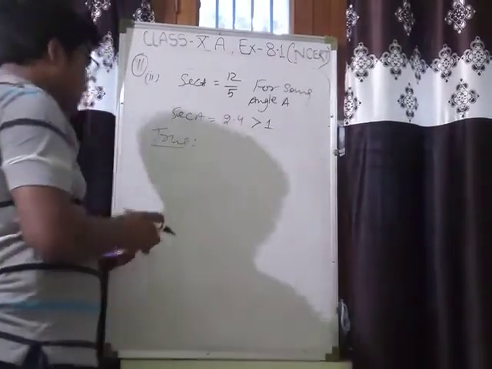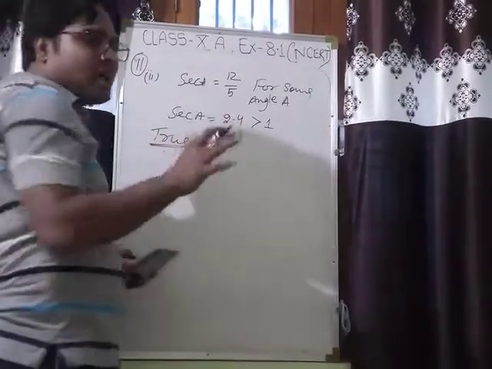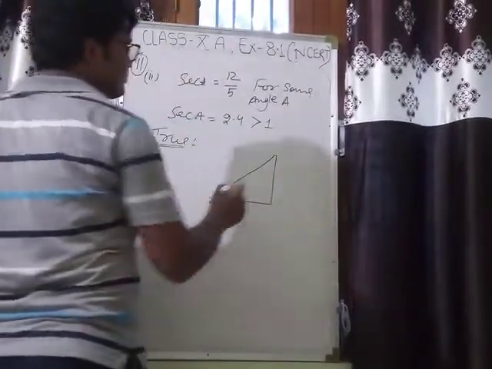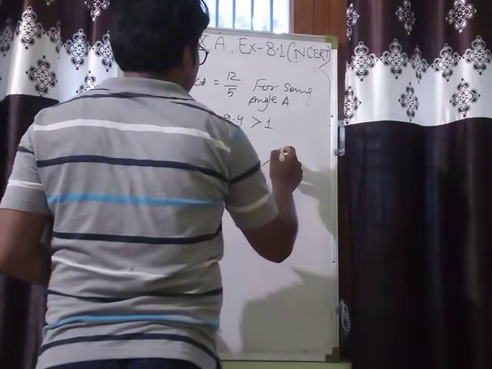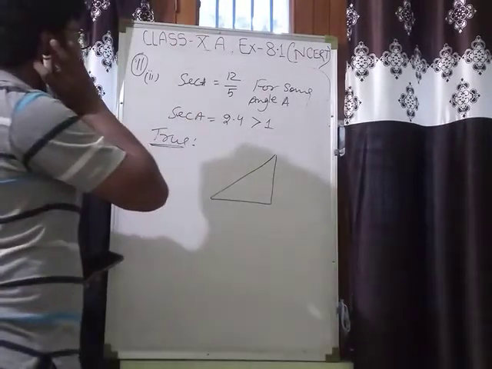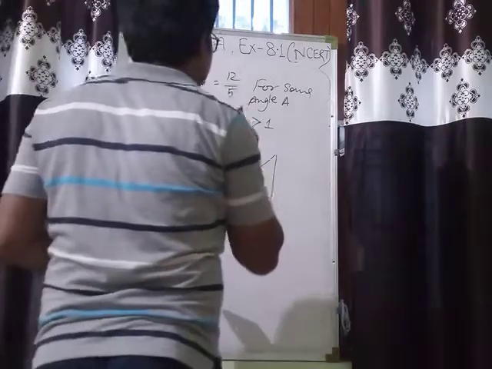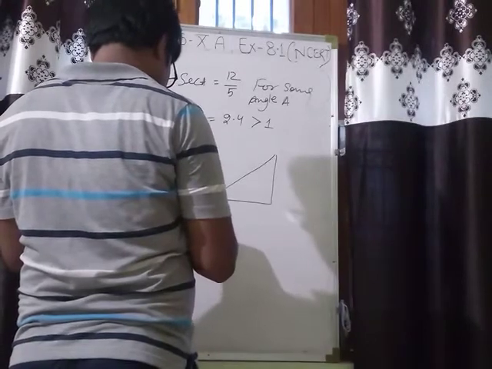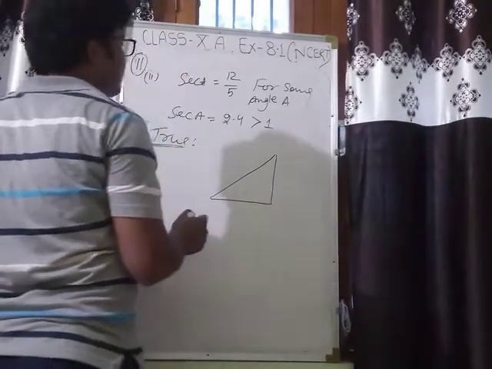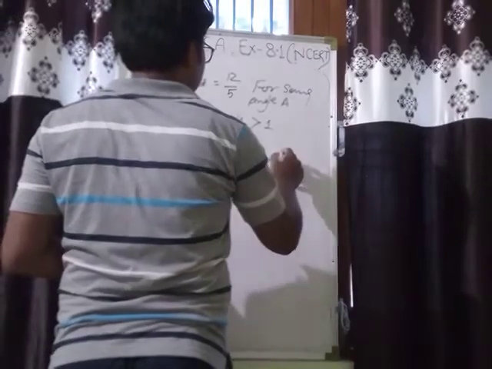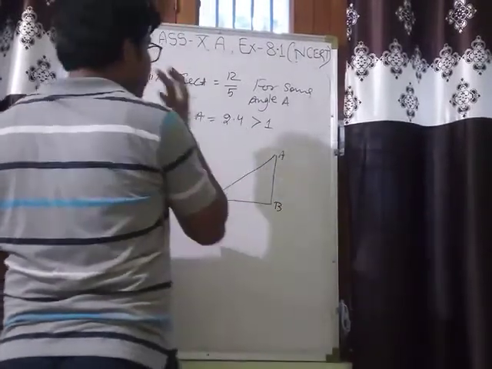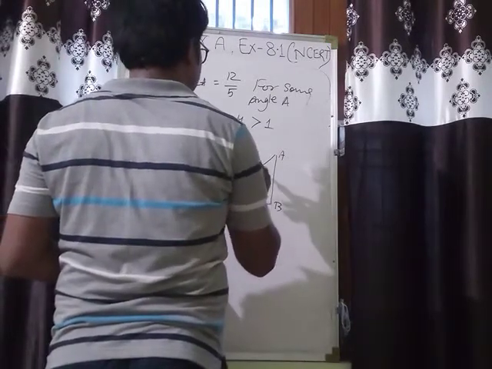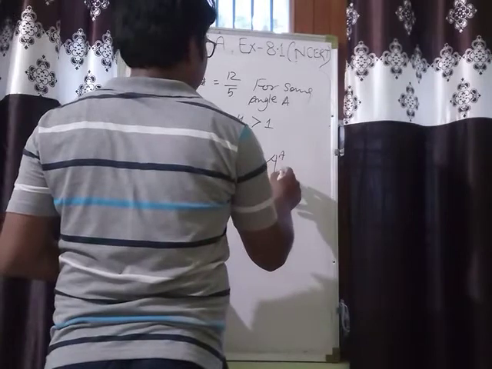So the question asked to verify this. So consider a right triangle ABC having its hypotenuse 12 and this one 5.